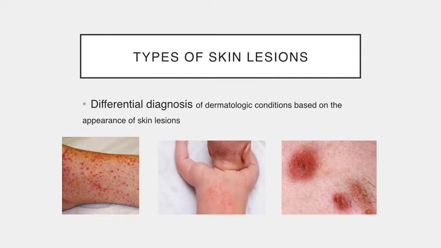Okay, so now we're going to move into talking about some of the fun part of differentiating skin rashes and lesions. And differential diagnoses for dermatologic conditions are very, very broad. And so that's why in this talk we'll approach it and talk about some of the common rashes that you'll see.